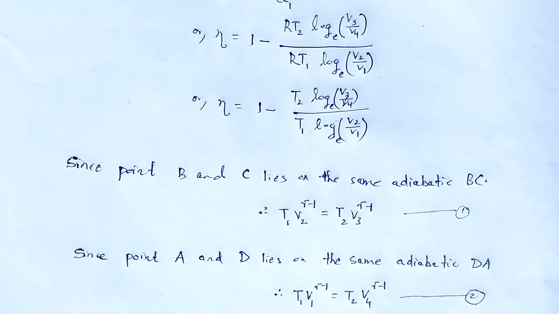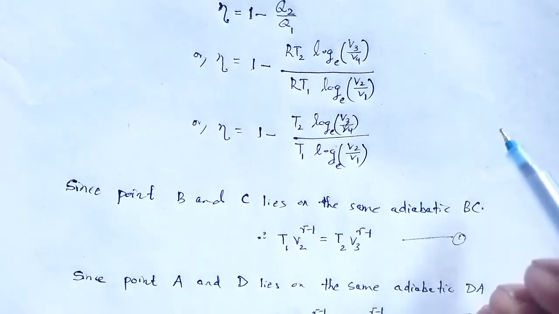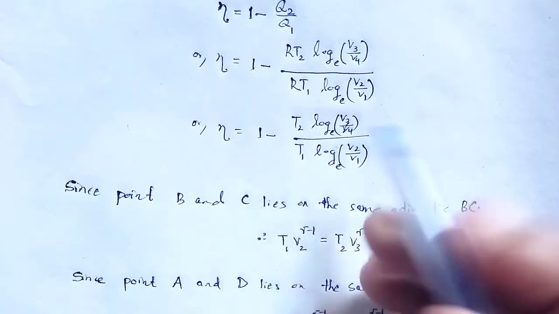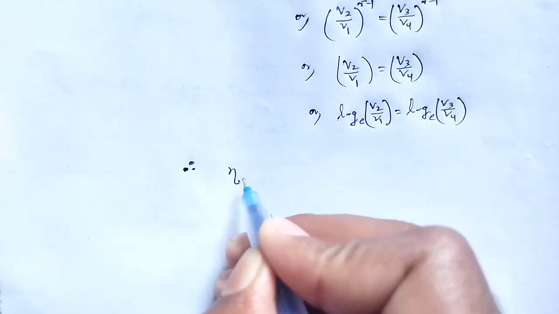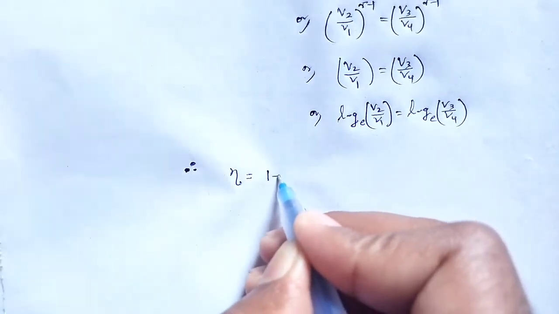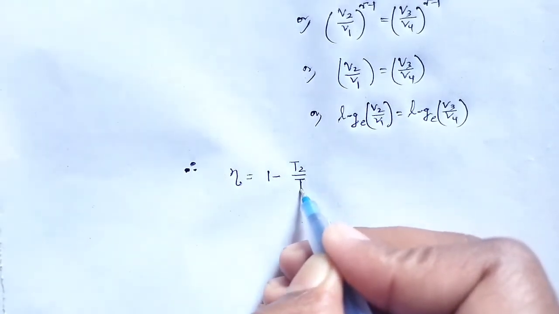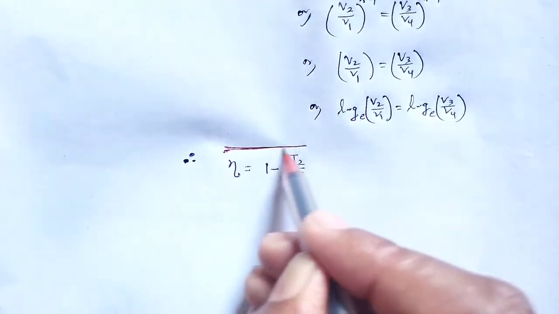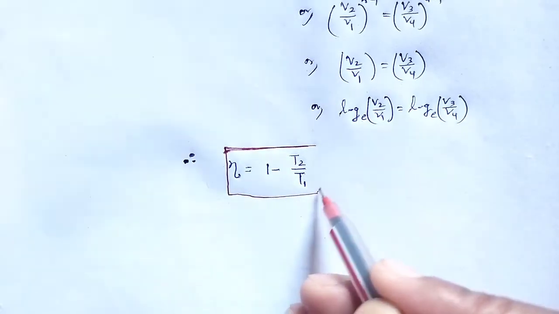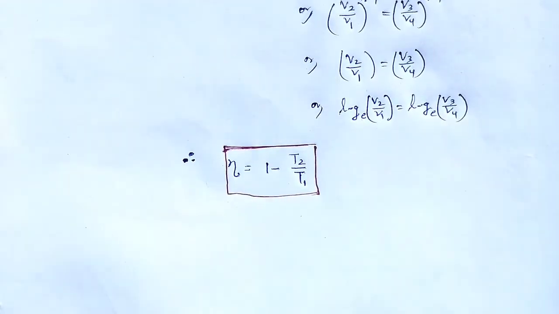Now putting these values in eta, the efficiency eta will be 1 minus T2 by T1. The efficiency will be 1 minus T2 divided by T1.